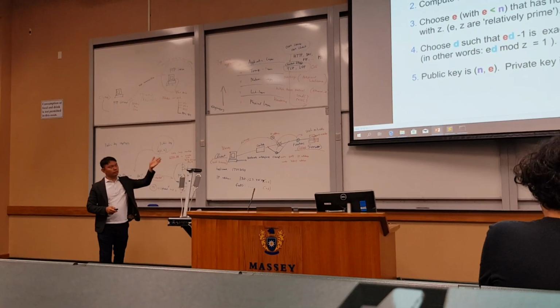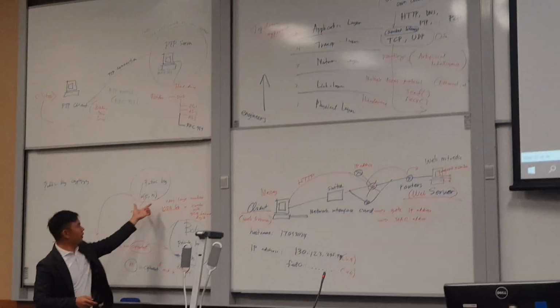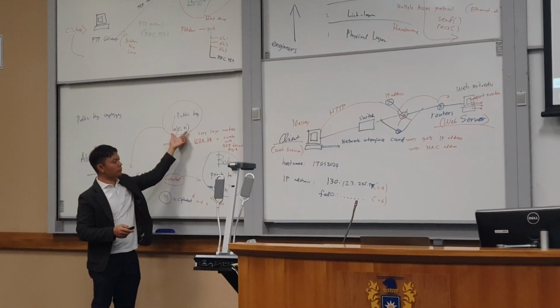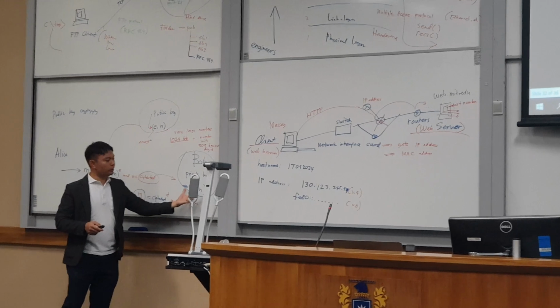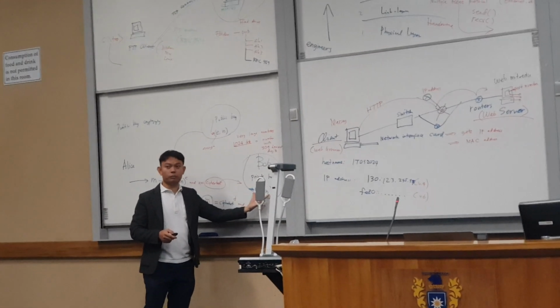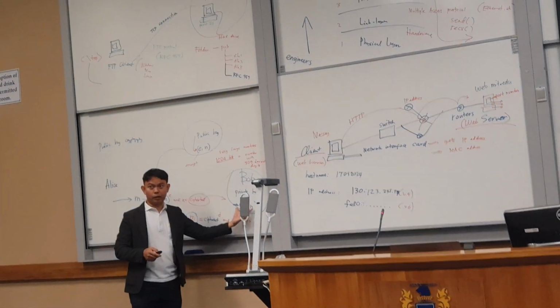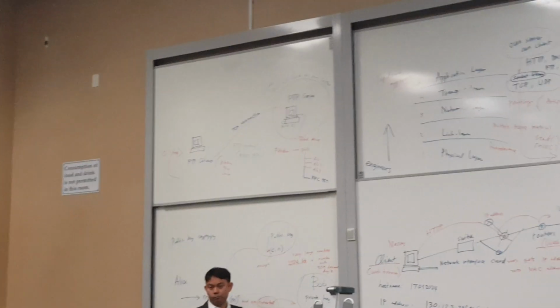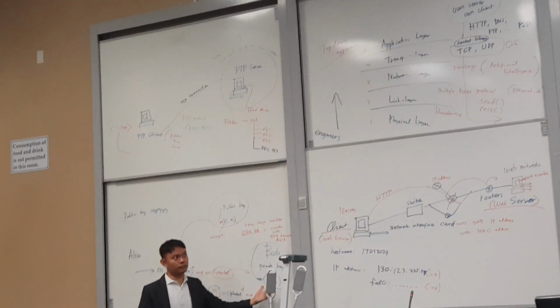Even if Bob is making this public key available to everybody, for as long as he keeps this private key, nobody is going to be able to guess what the private keys are. No brute force approach will ever work in this case.